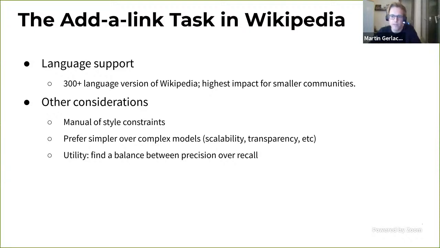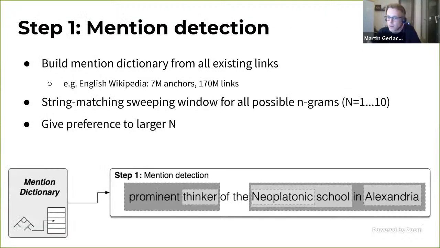Other considerations are that different manuals of style pose different constraints about what should be linked and how, and that we have to take into account transparency and scalability of these models. Can these recommendations be explained? We also need to find a good balance between precision and recall, making sure that the recommendations we make are probably good recommendations.